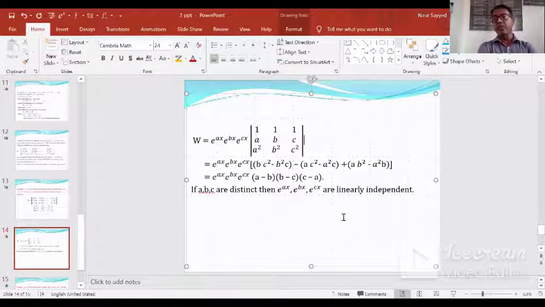And we have seen the example e to the power x, e to the power 2x, e to the power 3x. In that example, a is 1, b is 2, and c is 3, meaning all these are distinct. That's why those exponentials are linearly independent.